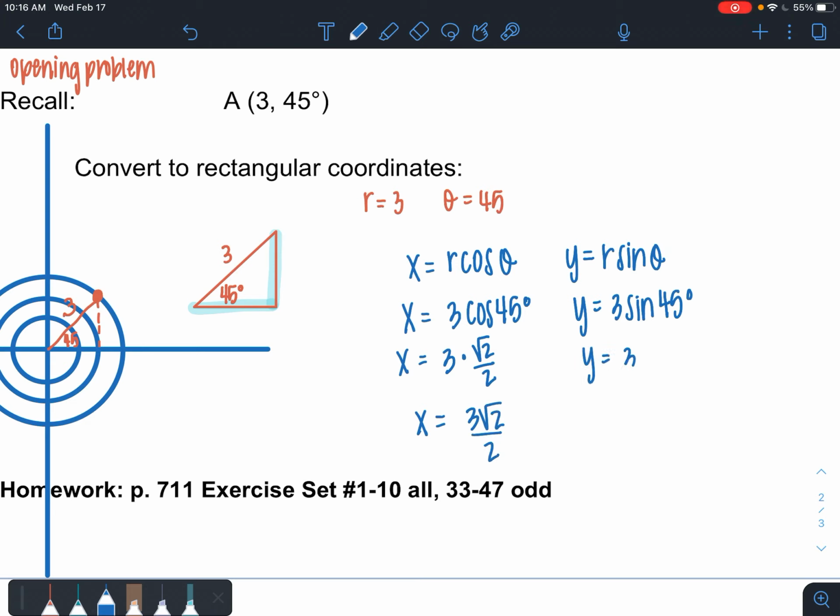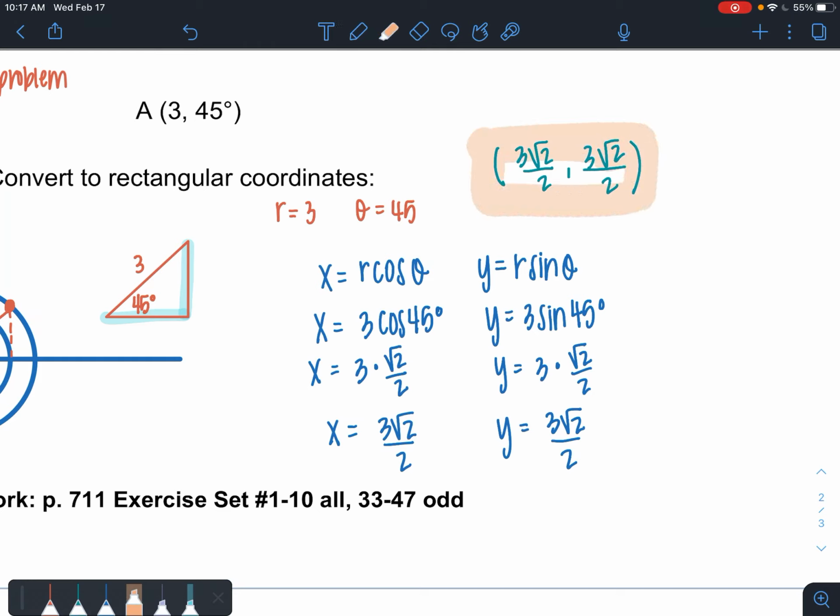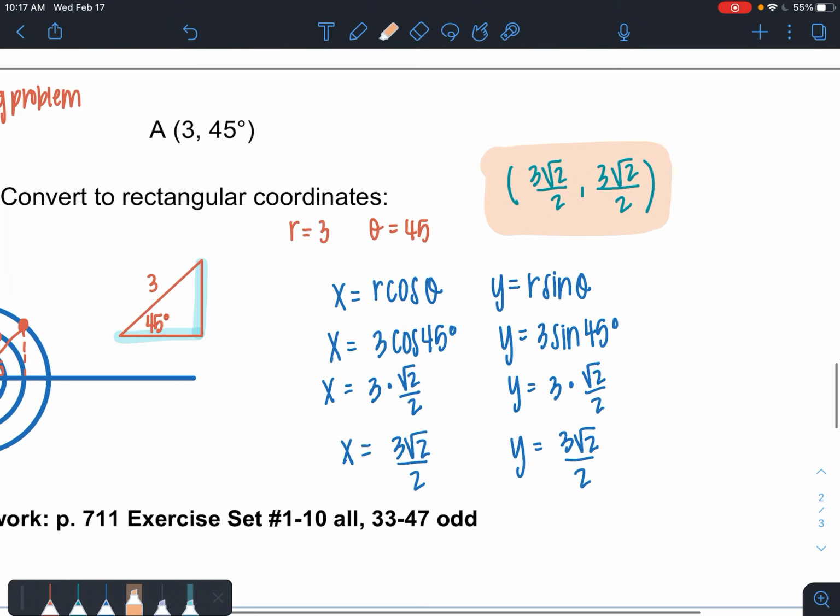And sine is also radical 2 over 2, so y is equal to 3 radical 2 over 2. Our rectangular coordinates are 3 radical 2 over 2, 3 radical 2 over 2. That is my answer there. All right, and that is all for today, folks.